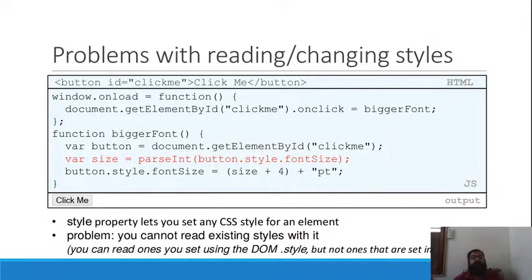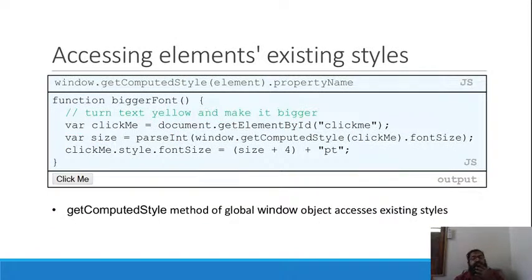In that case, how will you do it? You will have to access the element's existing style, and for that you can use window dot get computed style and the element dot property name.